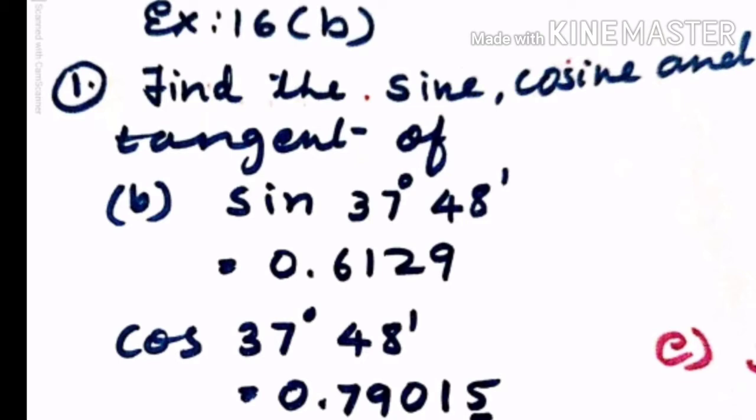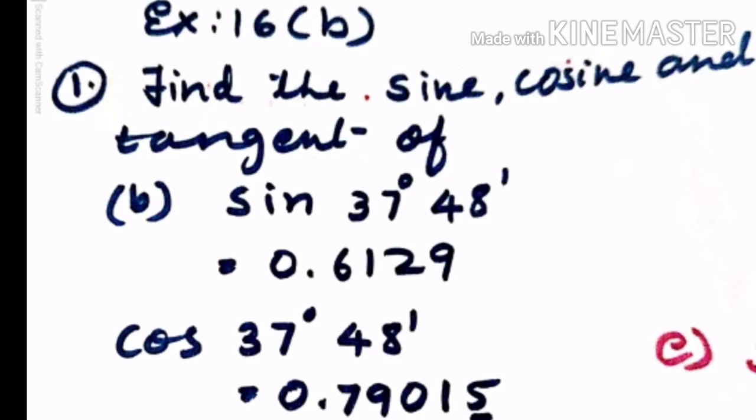So first of all students, you have to open your sine table from the trigonometrical tables on the last page of your textbook. Then you have to take the vertical column first, in which you will see 37 degree, and then you have to open that vertical.